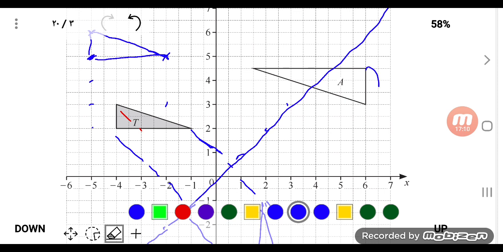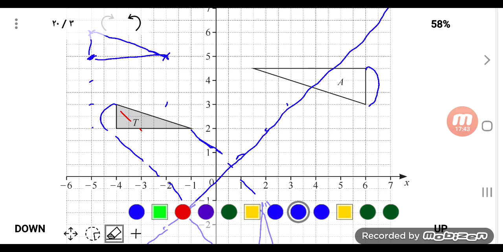You divide new side over old side, or side of image over side of object. So you get 1.5 divided by 1, so scale factor 1.5. But because the object has been flipped, this is a negative enlargement. So you say enlargement, scale factor -1.5.